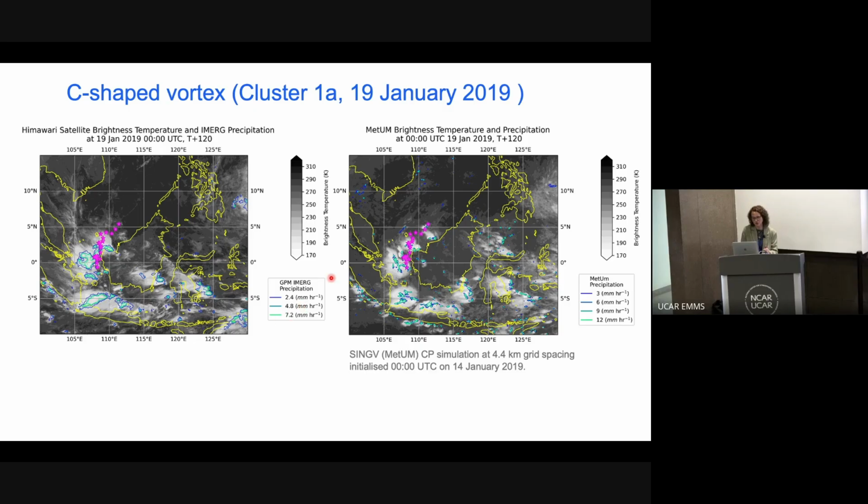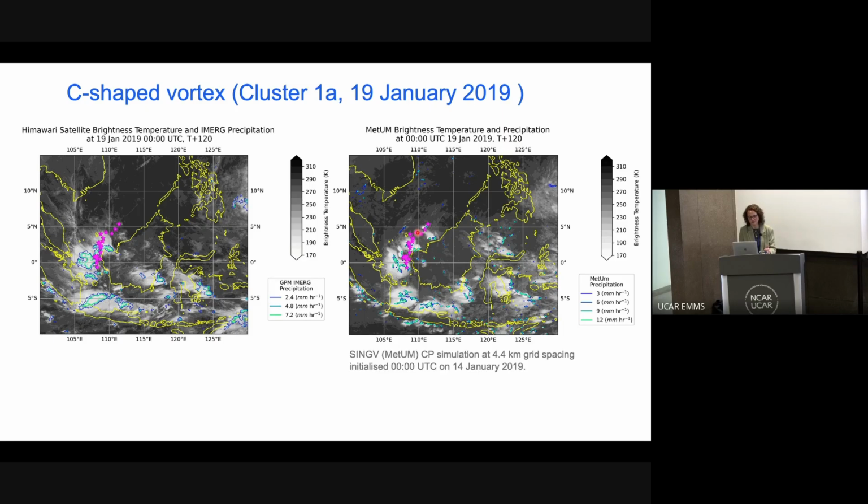But what I can show you is that these MetUM simulations, which were run by the Singapore Weather Service at 4.4 kilometers, are able to capture this Borneo vortex and the associated convection and precipitation pretty well. This time stamp that I show you here is quite far into the simulation.